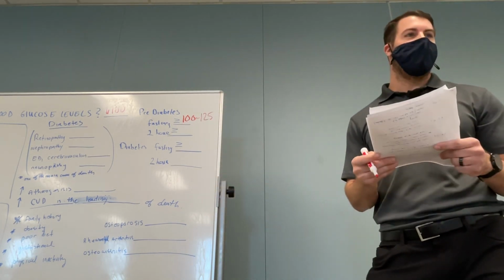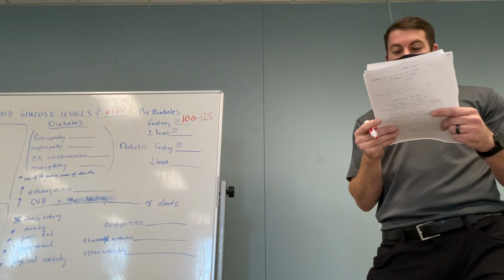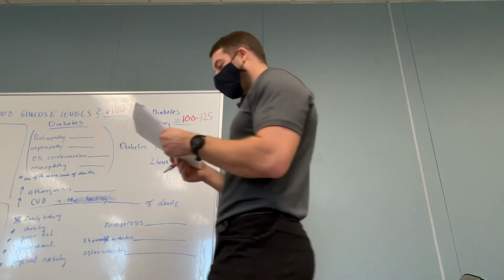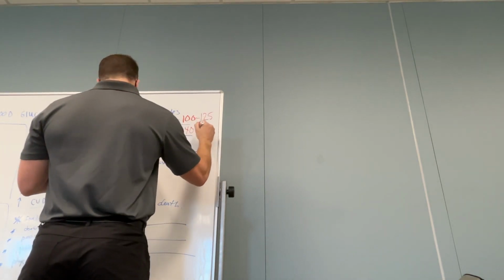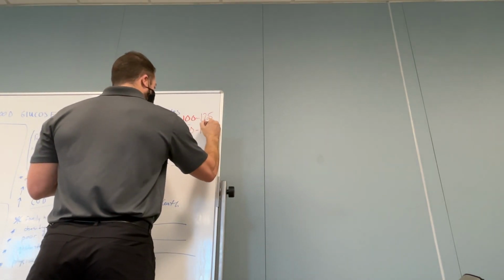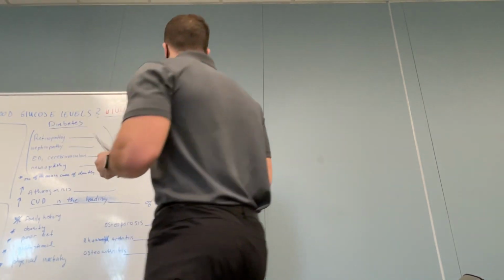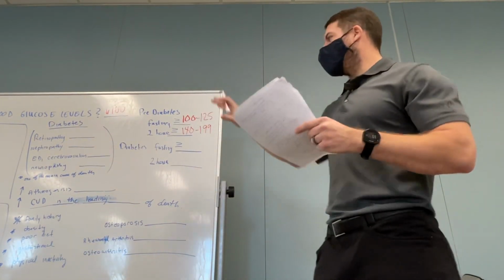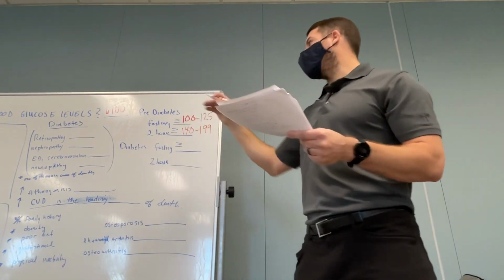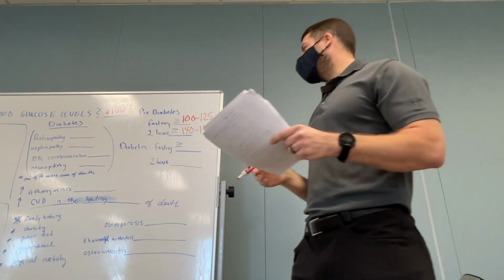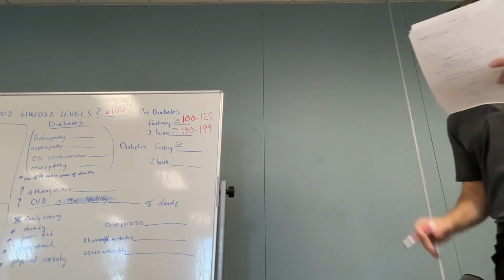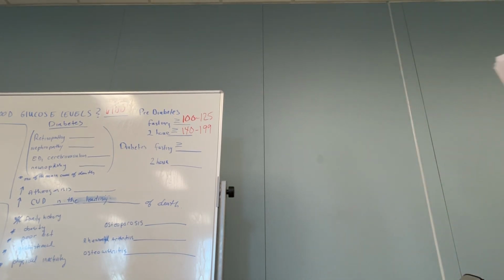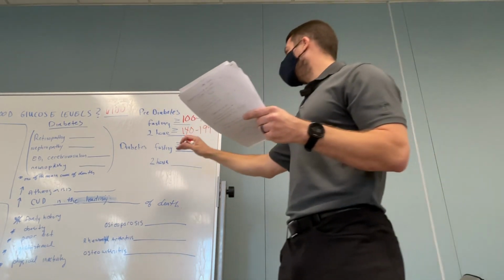Wow, pretty good. No, you got it. 140 to 199. So they can test your blood either way, fasting or after that 2-hour blood plasma test. Now, what do you think diabetes would be for your fasting levels? It'd be equal to or over what?